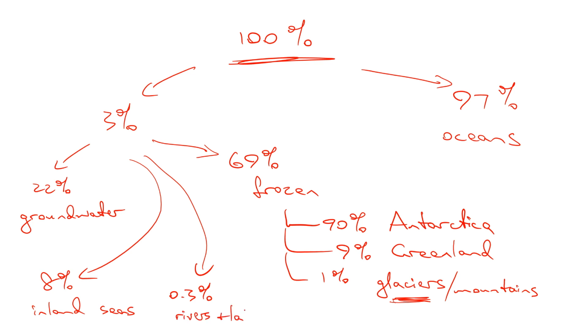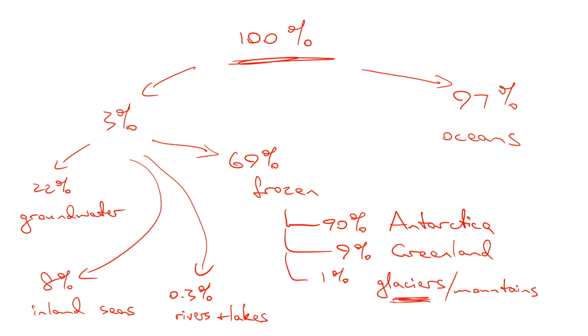So in terms of fresh water available to us nice and easily, really not all that much. 0.3% of the 3%, right? But like I say, glaciers melt. A large proportion of the Earth's population gets its drinking water from the meltwater from glaciers.